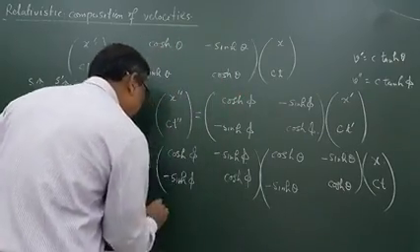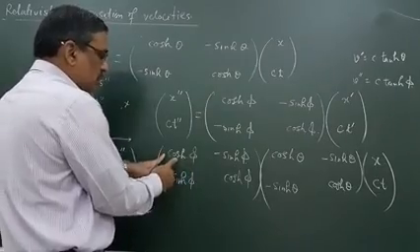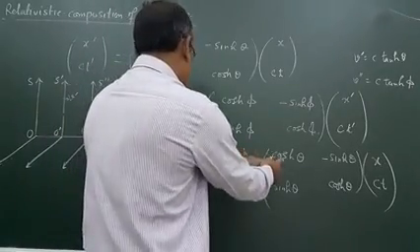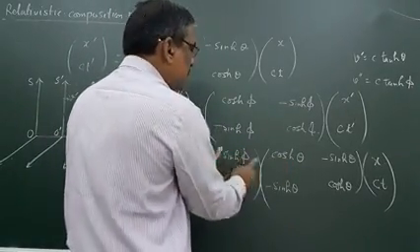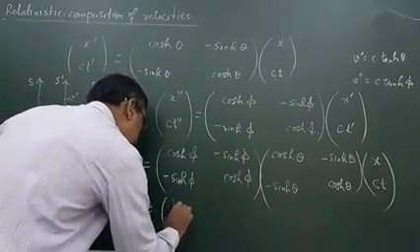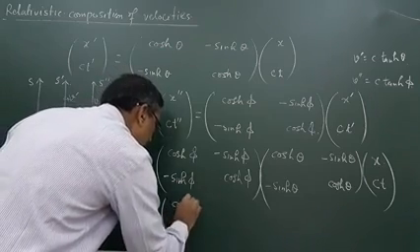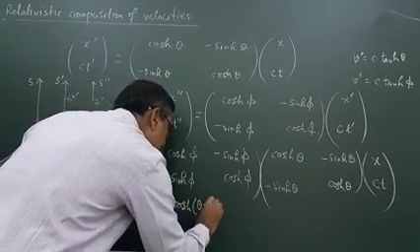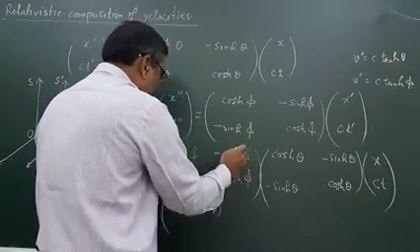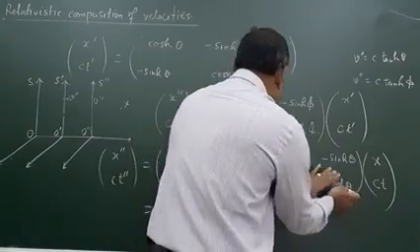Now, multiplying this by this will give us cos hyperbolic phi cos hyperbolic theta plus sin hyperbolic phi sin hyperbolic theta, and this will give us cos hyperbolic theta plus phi, and again multiplying the other entries.